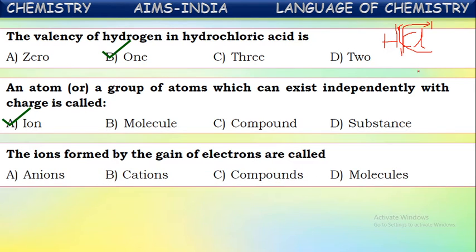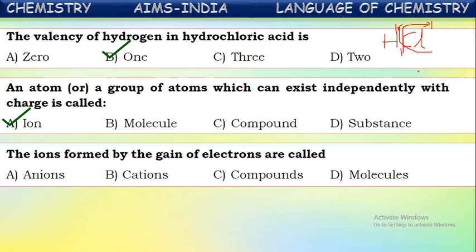Next, the ions formed by the gain of electrons are called what? Just now we told ions are formed by either gaining electrons or by losing electrons. So based upon this, ions are of two types again: the ions formed by gaining electrons and the ions formed by losing electrons.